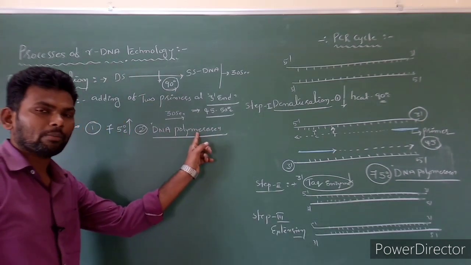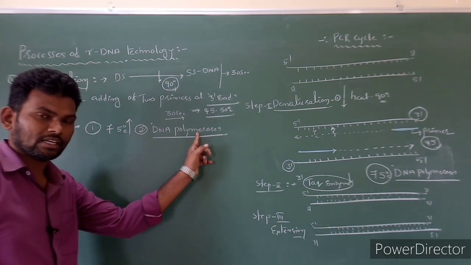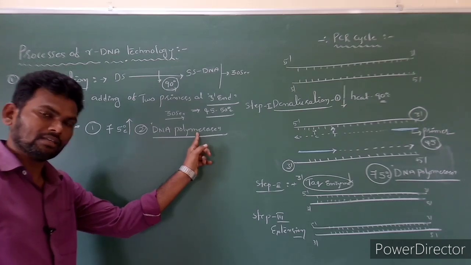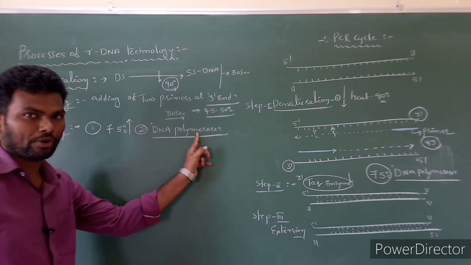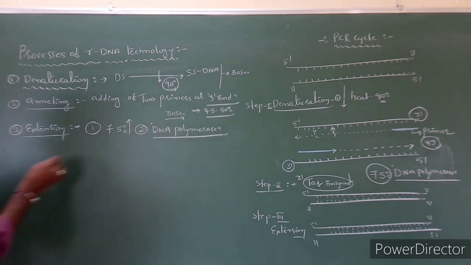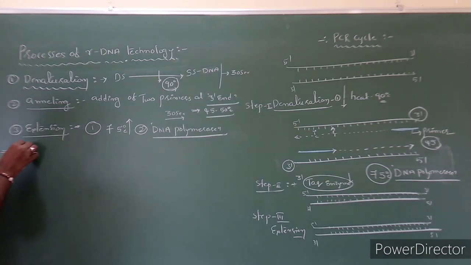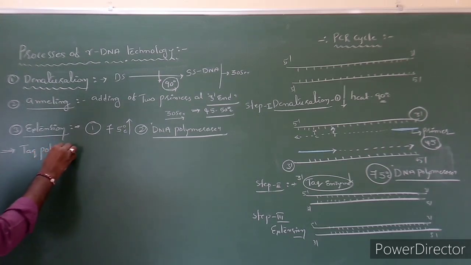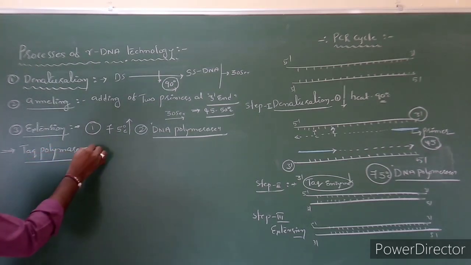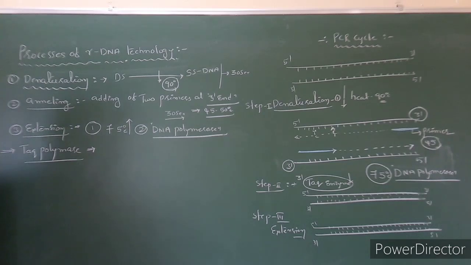This enzyme has the capacity to add the nitrogen bases to the single strand. Now it becomes double strand. Got the point? Next, which enzyme is used here? Taq polymerase enzyme is used.